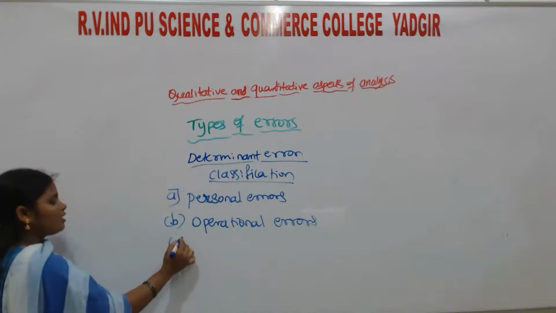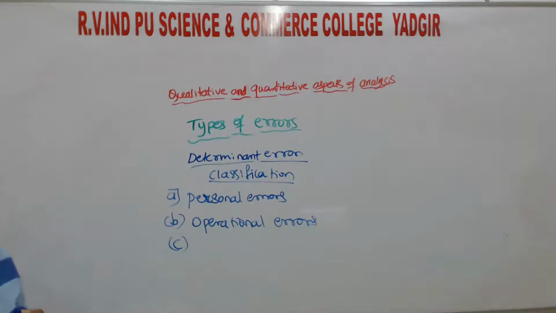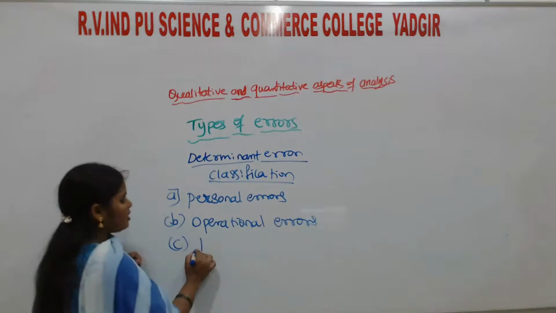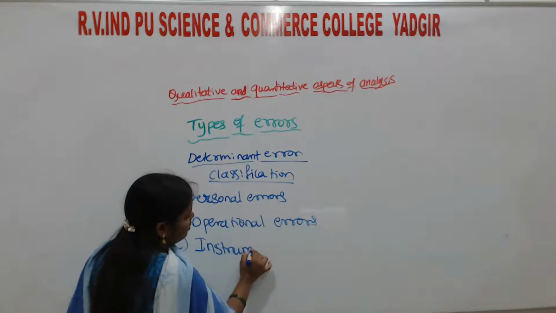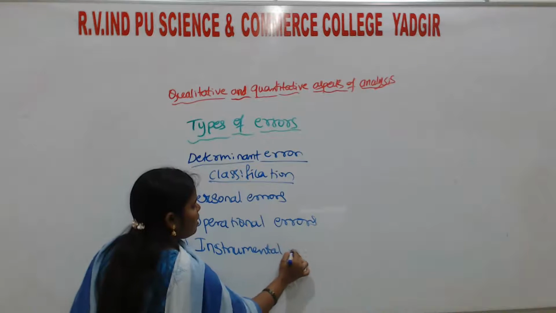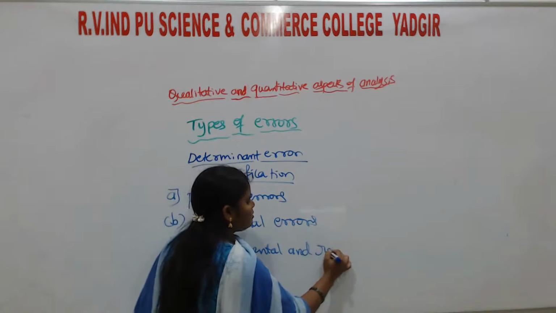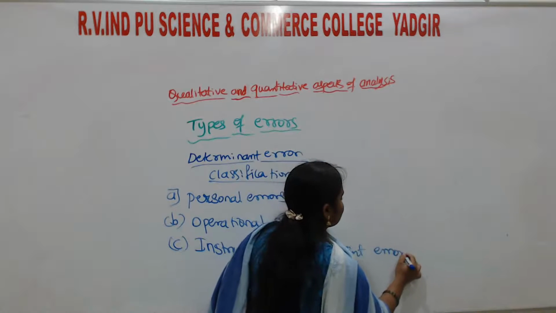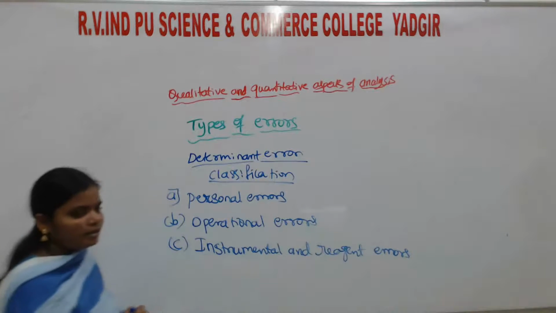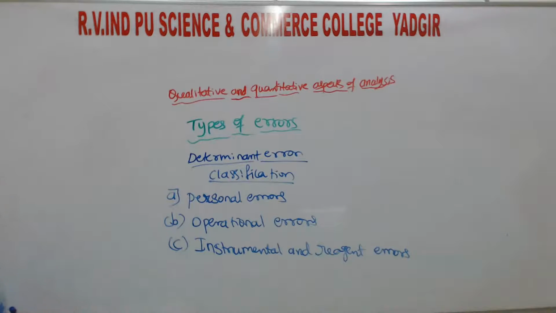C is the instrumental and reagent errors. D is the methodologic errors.